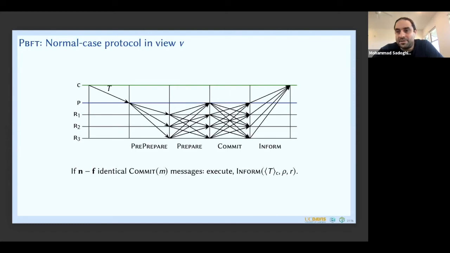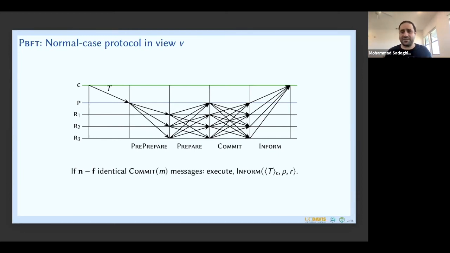Yeah, so is there an intuition for this? At the face of it, it is a very simple protocol. The primary gets a message, it tells everybody, and if the primary doesn't lie and everybody gets the same message, or at least the majority got the same message, they all tell each other, well, we got this prepared, we got this message from the primary saying that this is the sequence number for it.